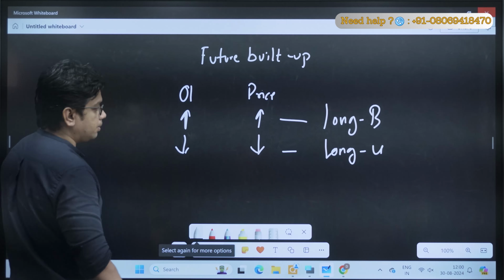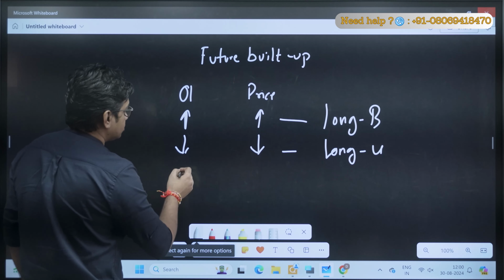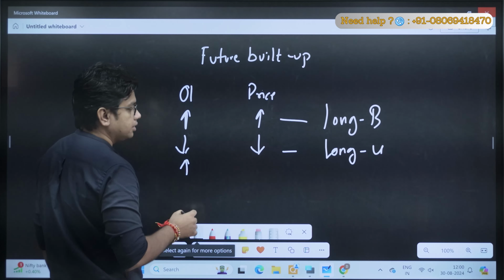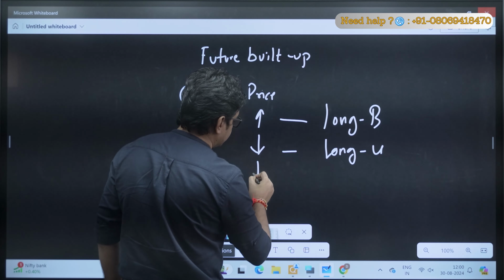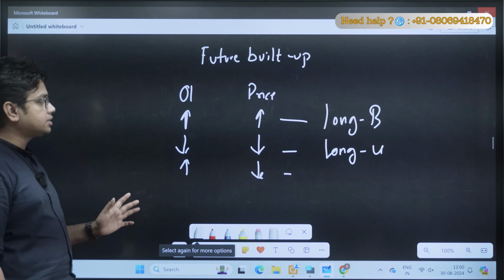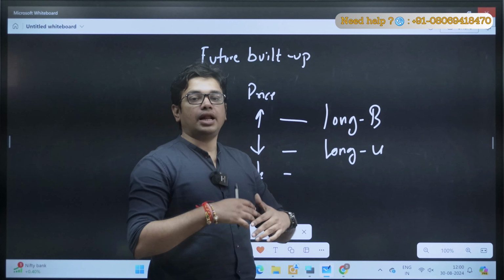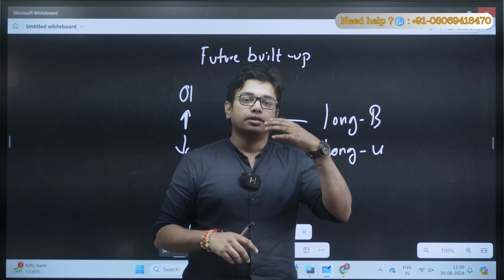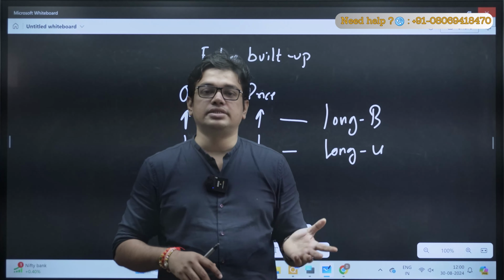Now let's go to the bearish condition. Here if OI is increasing but the price is decreasing, it means people are selling the stock. They are increasing the supply.